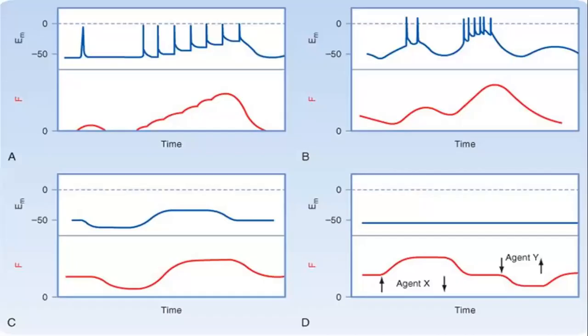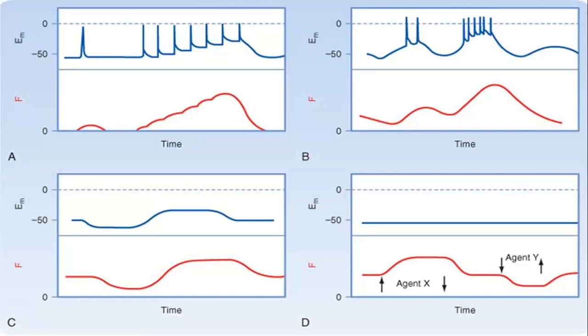Now we will discuss this picture. Here you can see relationships between membrane potential and generation of force in different types of smooth muscle. Look at figure A. Action potentials may be generated and lead to a twitch and larger mechanical responses.